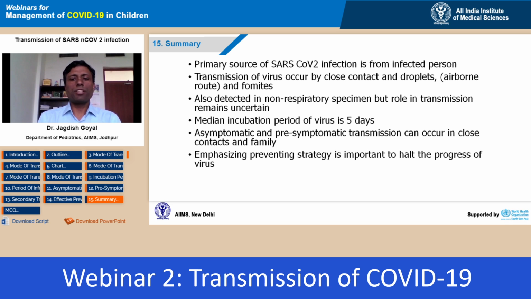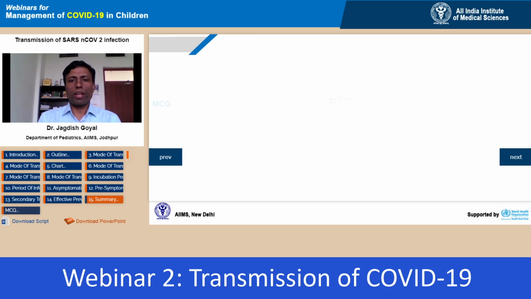Asymptomatic and pre-symptomatic transmission can occur in close contacts and family members. Emphasizing preventive strategies is important to halt the progress of the virus.